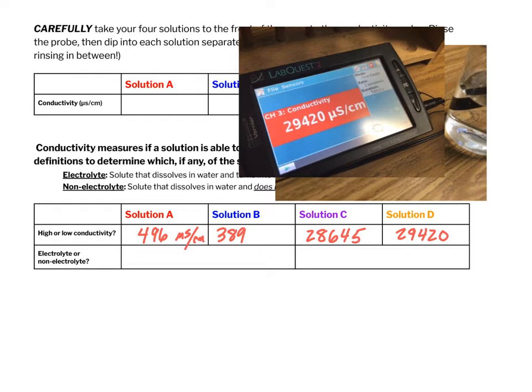All right, then it says, is it an electrolyte or a non-electrolyte? So the ones with the low numbers we're going to say are non-electrolytes. And the ones with high numbers are electrolytes.